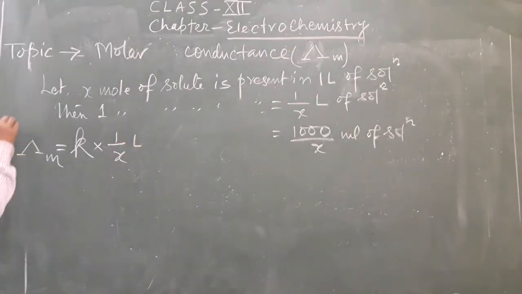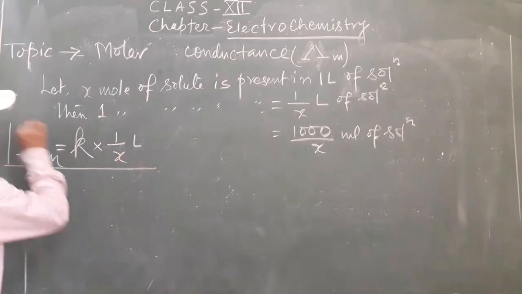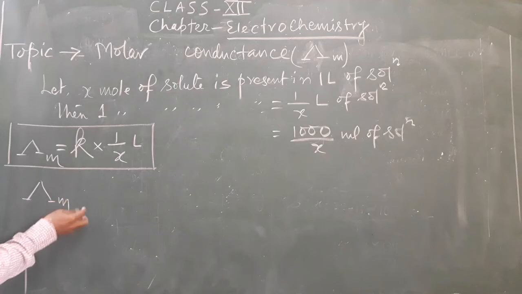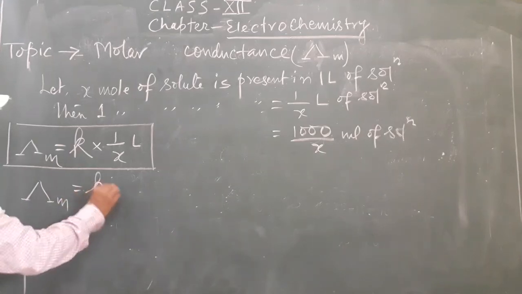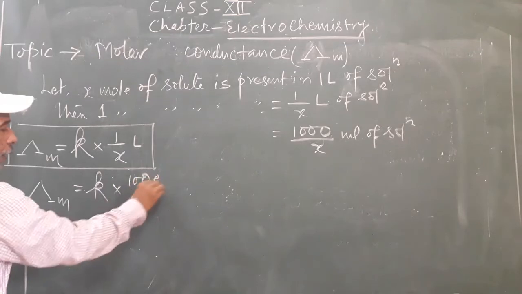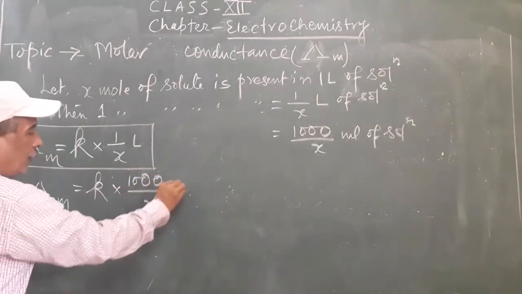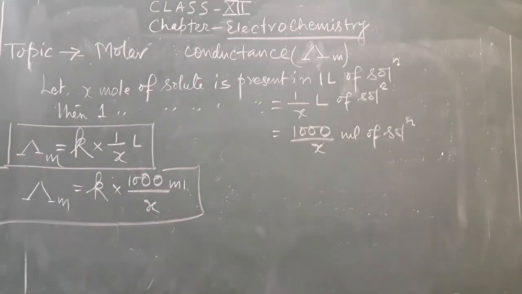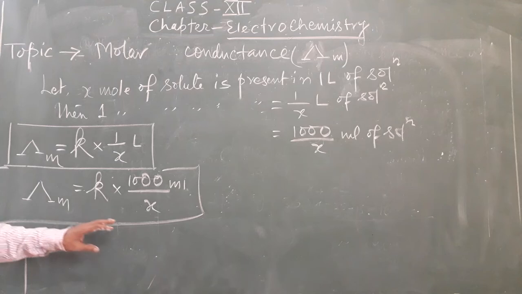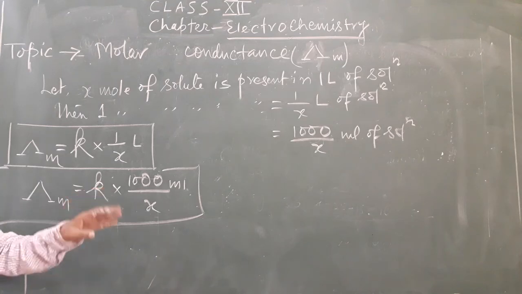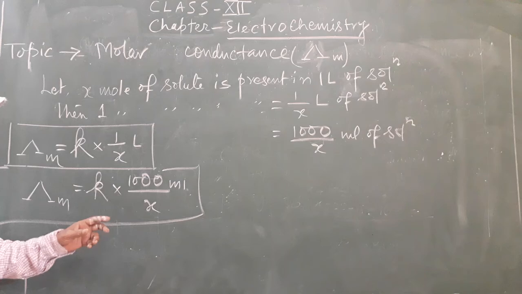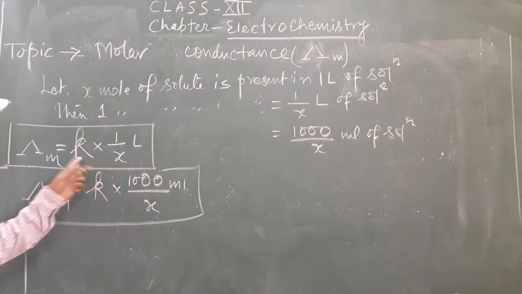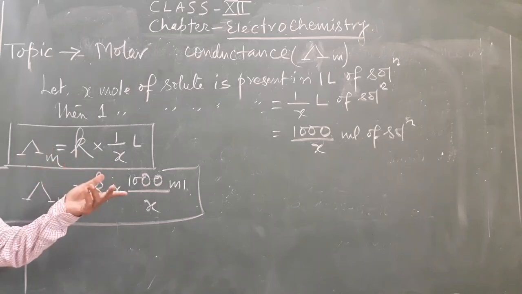Then this is one formula. Or lambda m is equal to k into 1 upon x, this is the second formula, which can be used for solving numericals. That is, for a particular solution, when we have a known value of this, and out of these two, one is known, the other we can get.